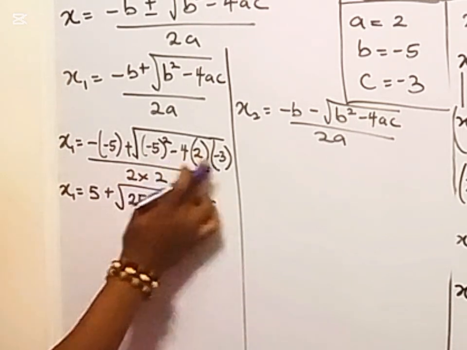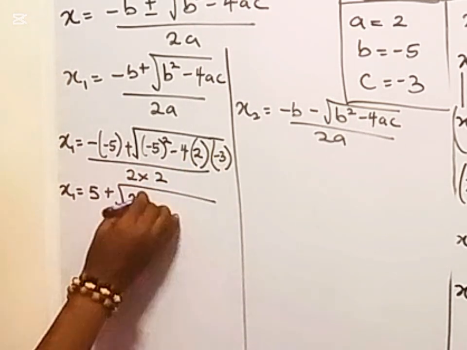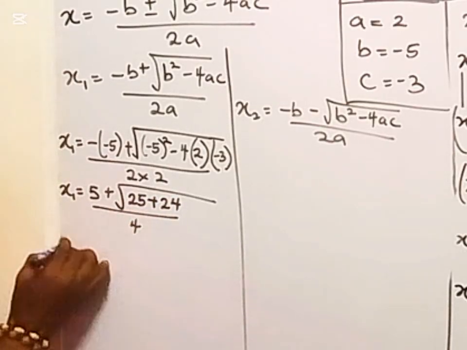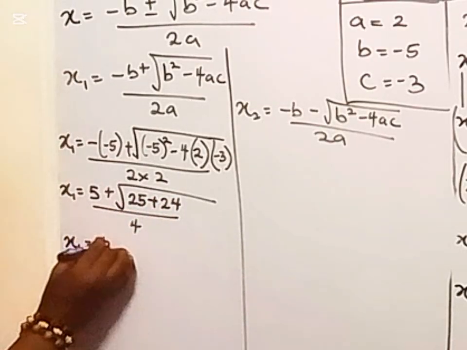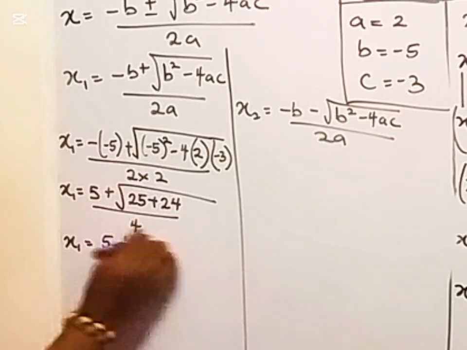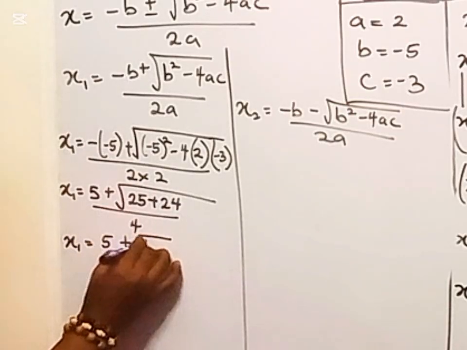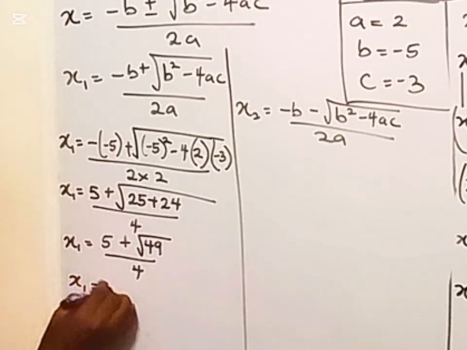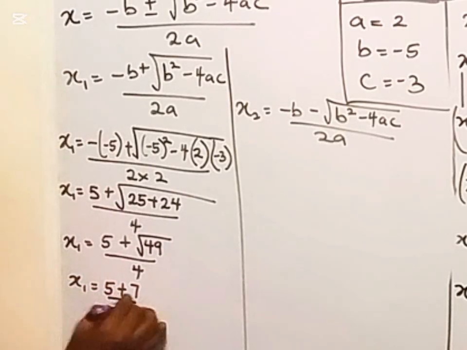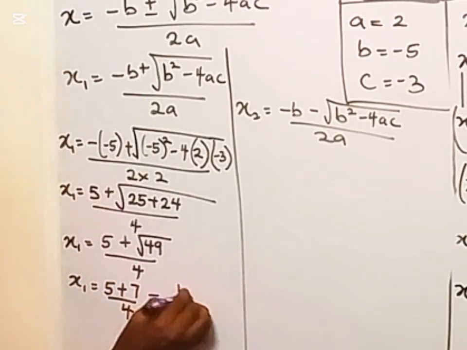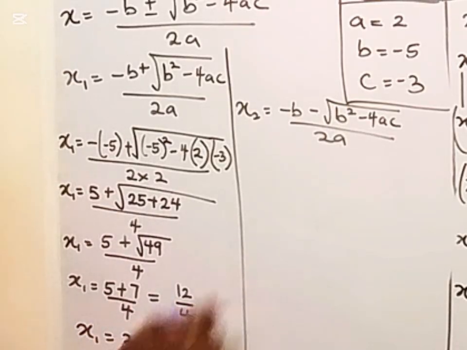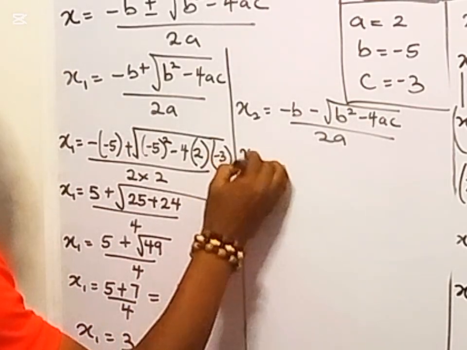Minus 4 times 2 times minus 3 will give us plus 24, all over 4. So the x1 is 5 plus root 49 over 4, which is 5 plus 7 over 4, which is 12 over 4. So x1 is 3.